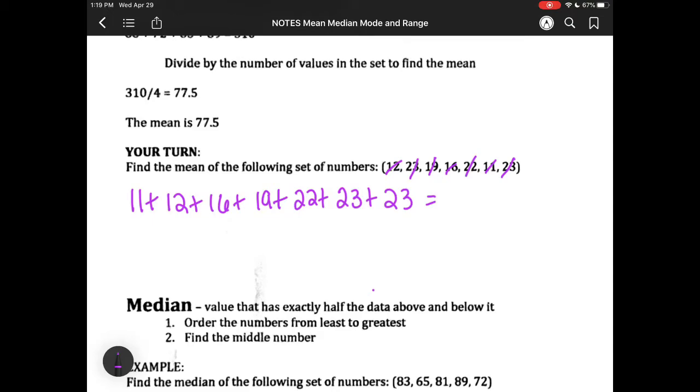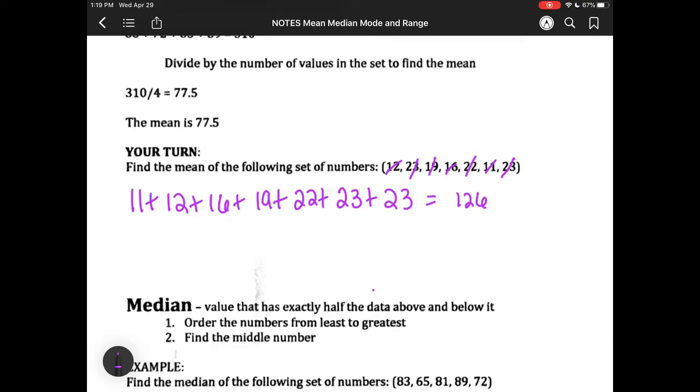So now we add our numbers together. 11 plus 12 plus 16 plus 19 plus 22 plus 23 plus 23. And I got 126. I'm going to do it one more time. 11 plus 12 plus 16 plus 19 plus 22 plus 23 plus 23. 126.